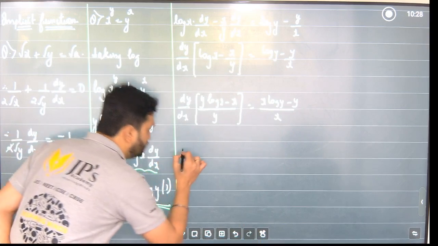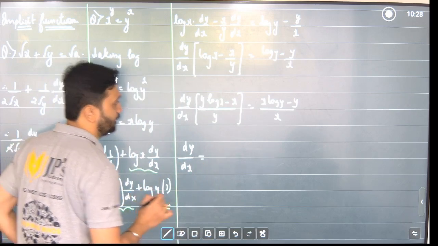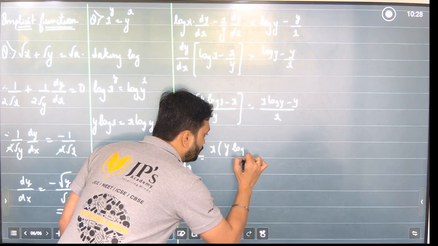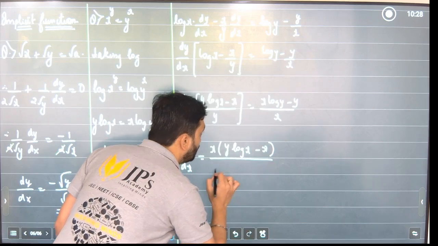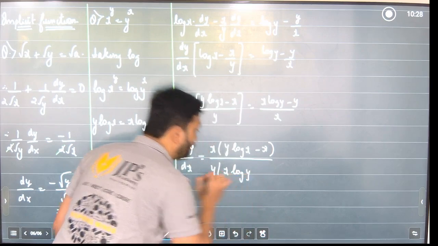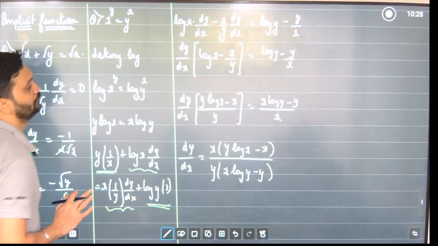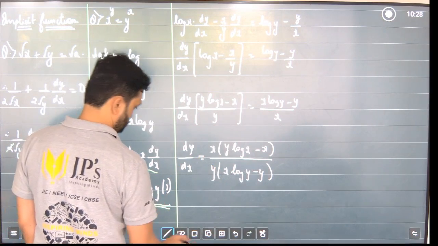And now finally, when I cross multiply, I will get x into (y log x minus x) upon y into (x log y minus y). So nothing different. All we have to do is take all the dy by dx terms together.